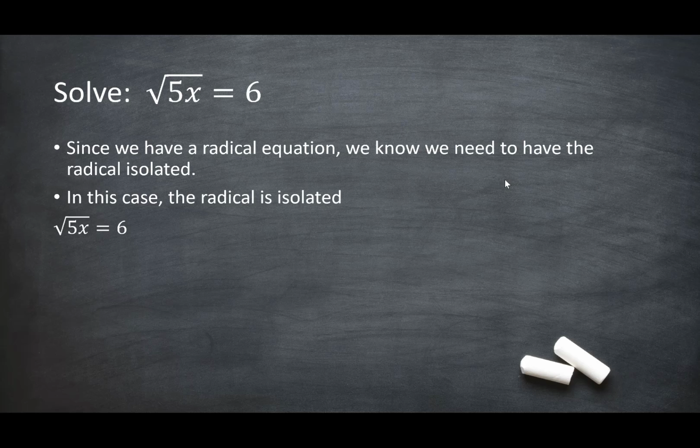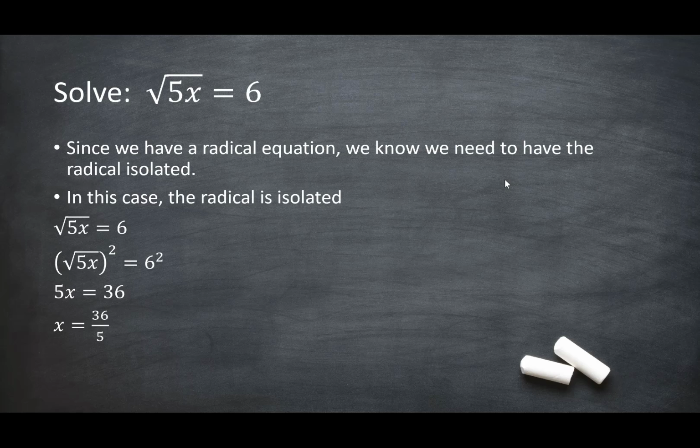So I'll just rewrite my root 5x equals 6, and since it's all by itself, we can go ahead and square both sides, because we know that squaring and square rooting undo one another. If I square the left-hand side, I square the right-hand side. This gives me 5x on the left-hand side, because the root and the squaring undo one another, equals 36.